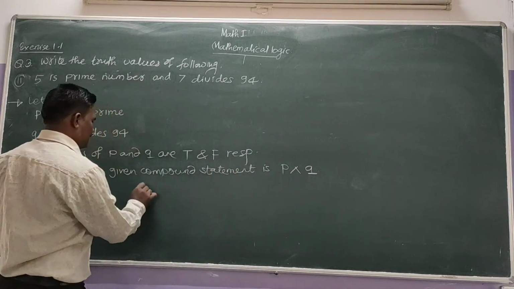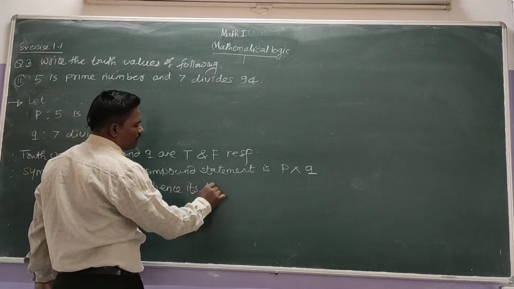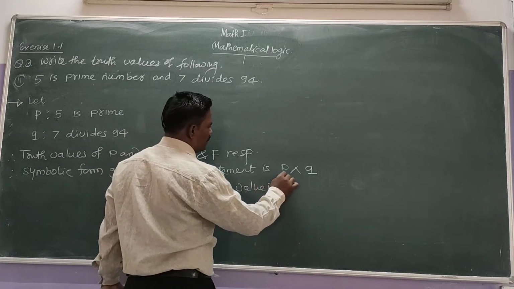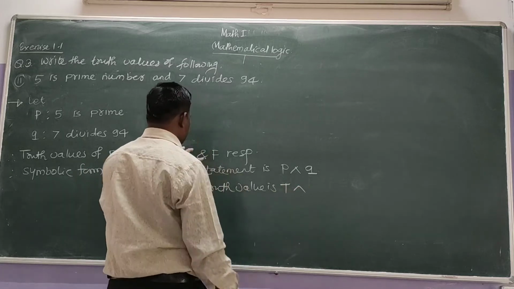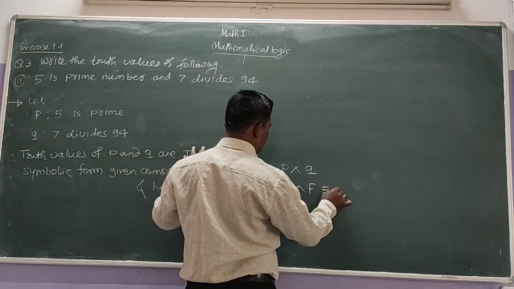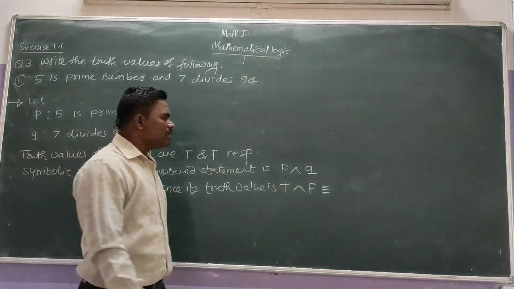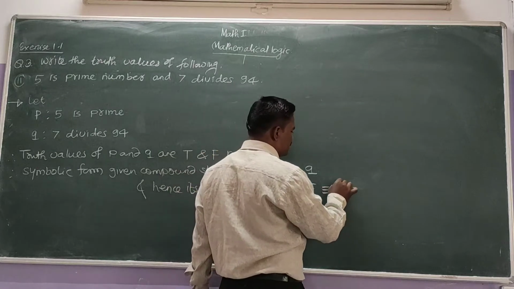Hence its truth value is: p is true conjunction q is false, which is equivalent to true conjunction false. Using the definition of the conjunction, if both are true, then conjunction is true, otherwise it is false.